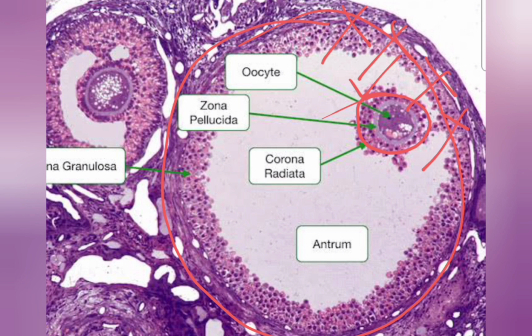This process of discharge of the ovum from the mature Graafian follicle by the rupture of the mature Graafian follicle is known as ovulation. So I hope you must have heard about the term ovulation. So the specific process which is known as ovulation is this one.